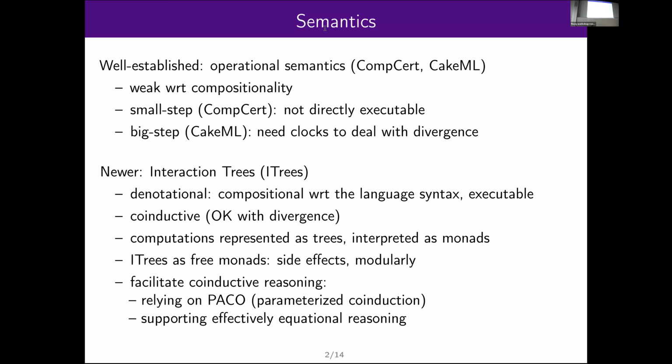It is basically a co-inductive technique, so it's okay with divergence. We don't need clocks, we don't need fuel. Computations are essentially represented as trees, as we'll see, and interpreted as monads, and trees themselves are monads, as a matter of fact. Additionally, they allow for the modularity which is usually associated with free monads, and we'll see something of that as well.